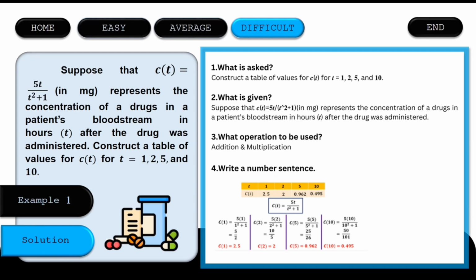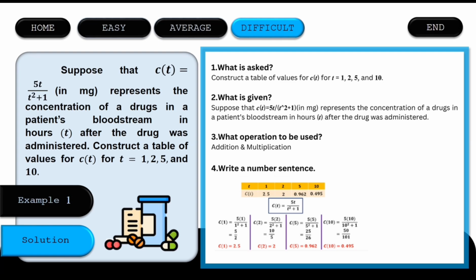So it will be 25 over 26, or 0.962. Next, t is equal to 10. So 5 multiplied by 10, which is 50, over 10 squared, which is 100, plus 1 is 101. 50 over 101 is also 0.495. So here are the values of C of t when t is 1, 2, 5, and 10.